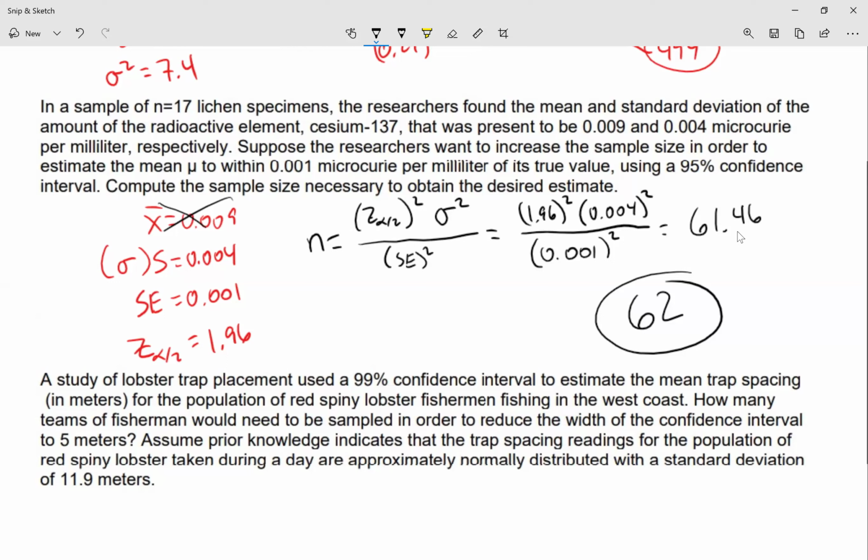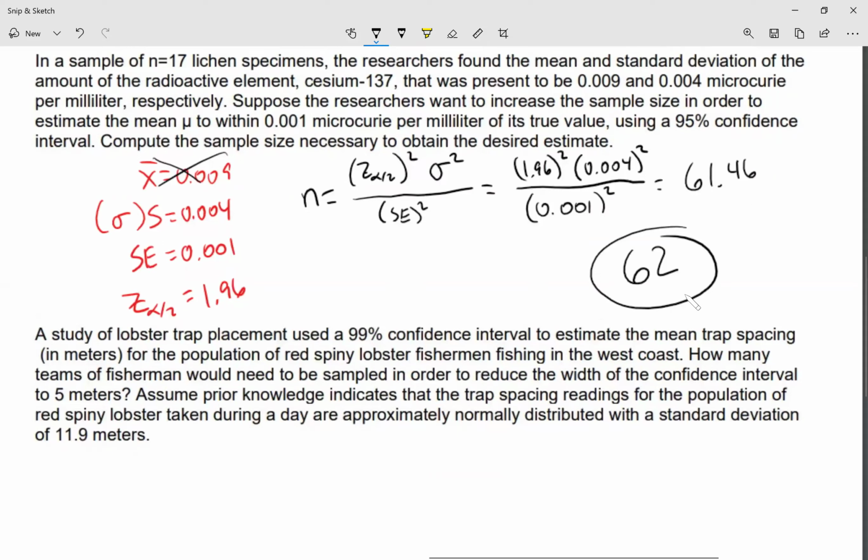This will round to 61, the nearest whole number, but I cannot have less than 61.46. So I have to go with 62 people. My sample size must be at least 62. The bigger my sample size, the closer I am to the actual value. But here, my sample size must be at least 62.